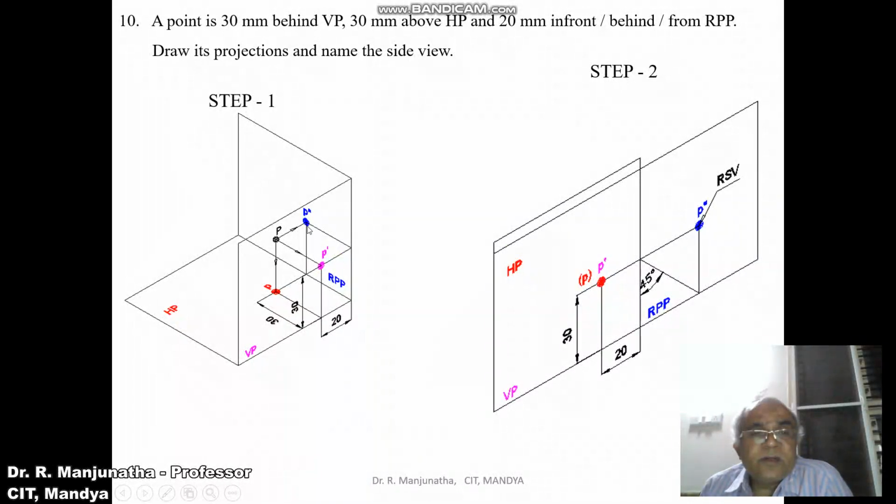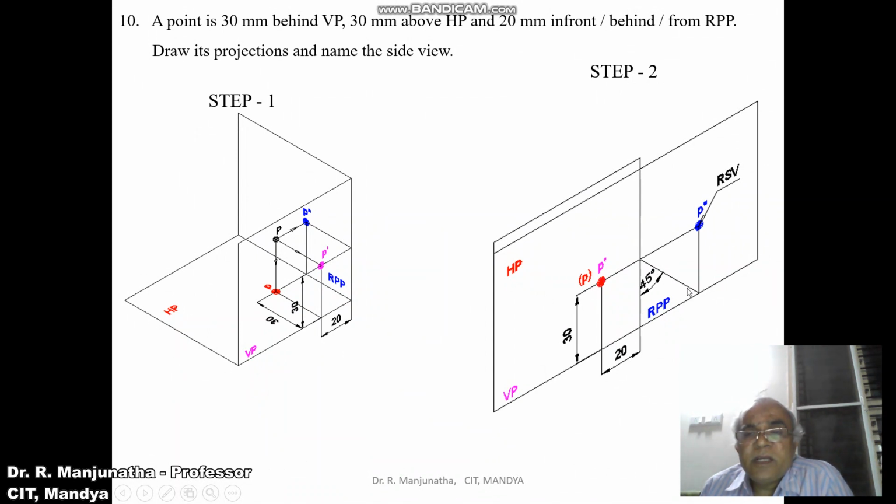In the top view, the top view distance can be seen here also. So when you look from the side view, the front view distance of P dash is projected onto the profile view, and for P, the distance behind VP is 30 mm, so that means it is going to be 30 here.